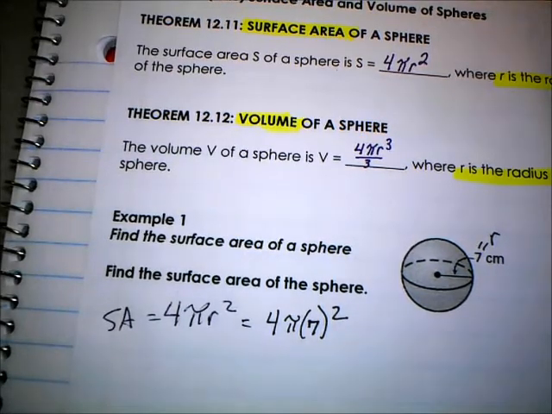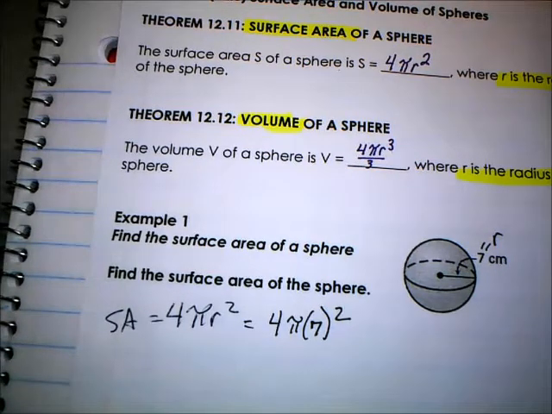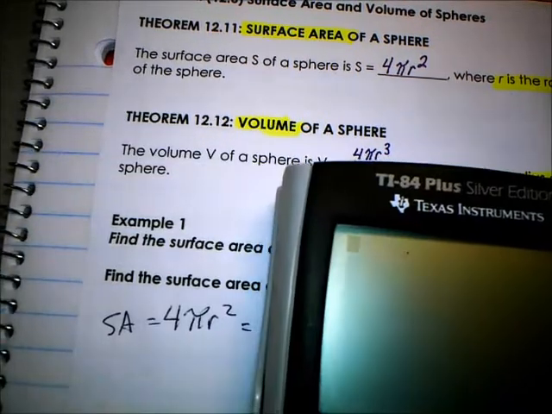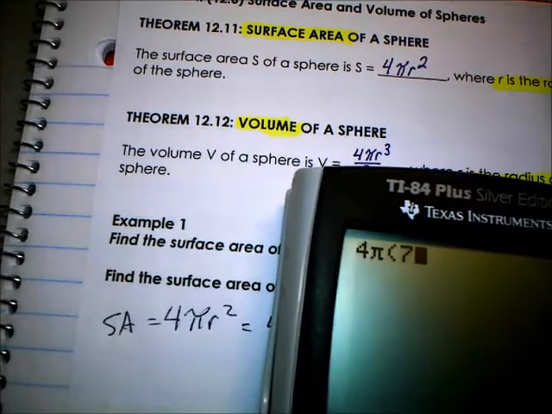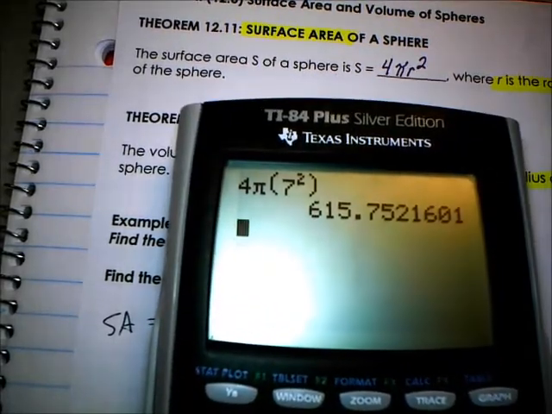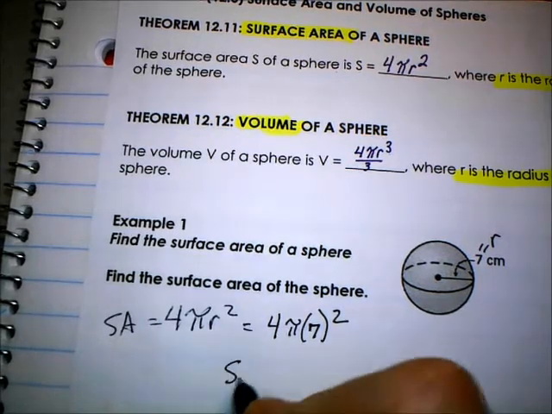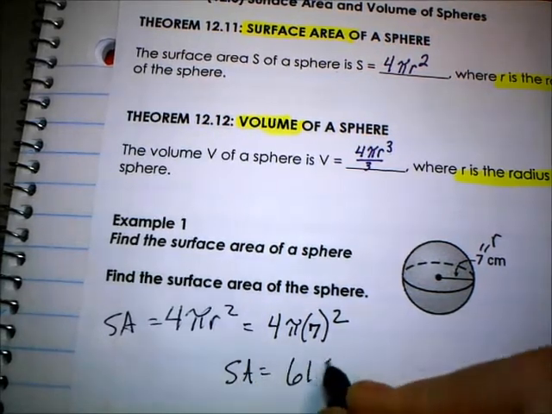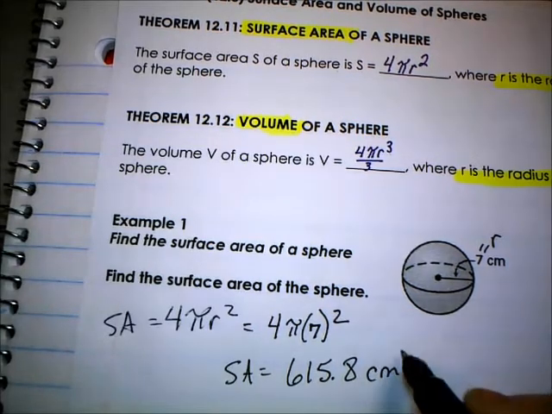I'm going to grab my calculator and type in 4 pi times 7 squared. And that gives me 615.75, and that would be squared for my surface area.